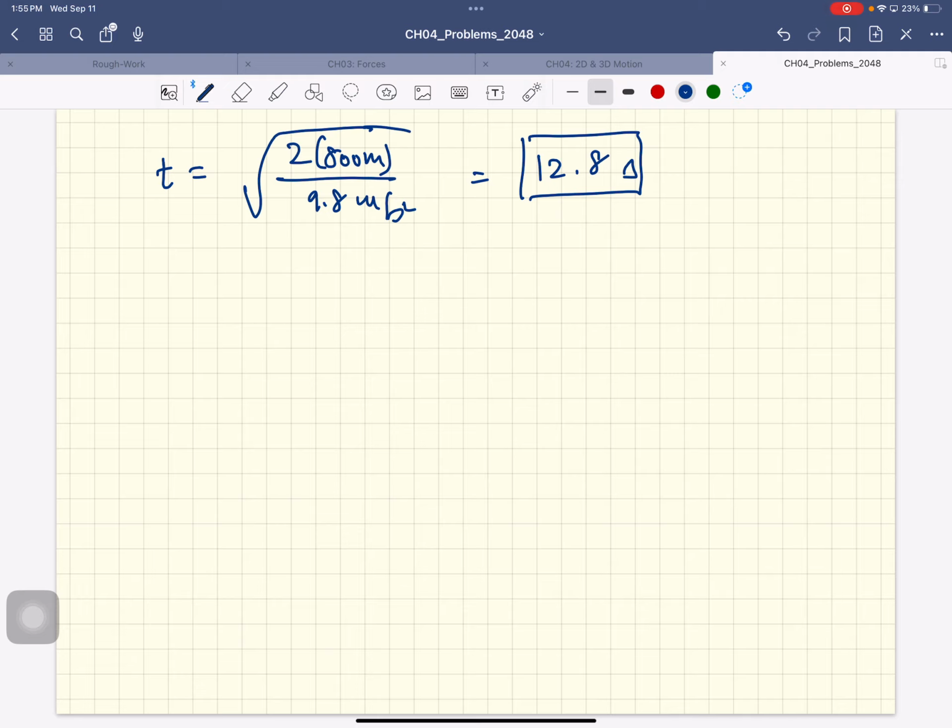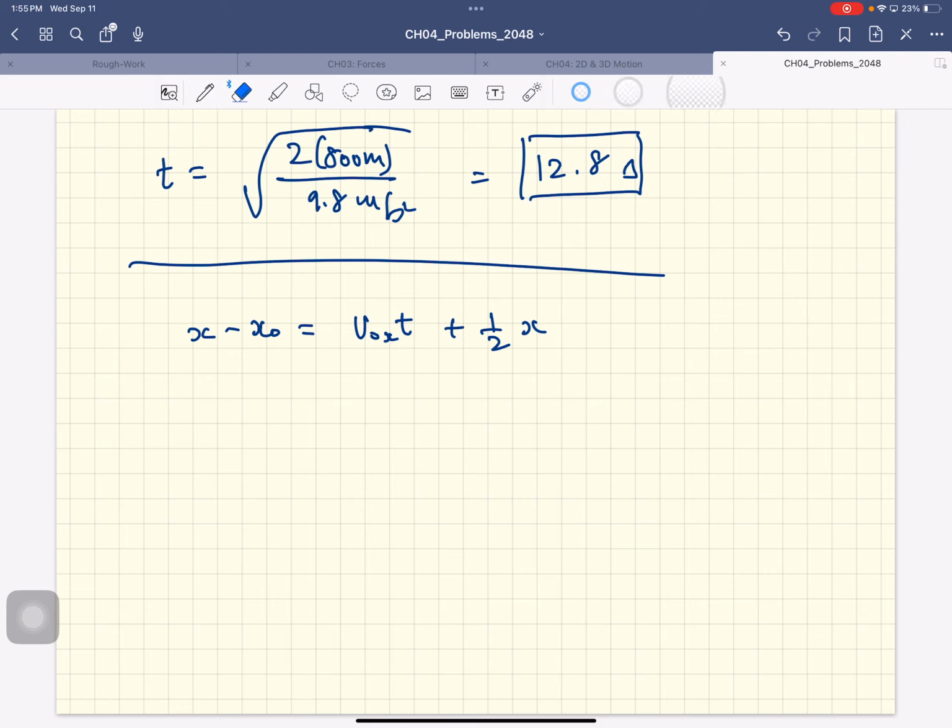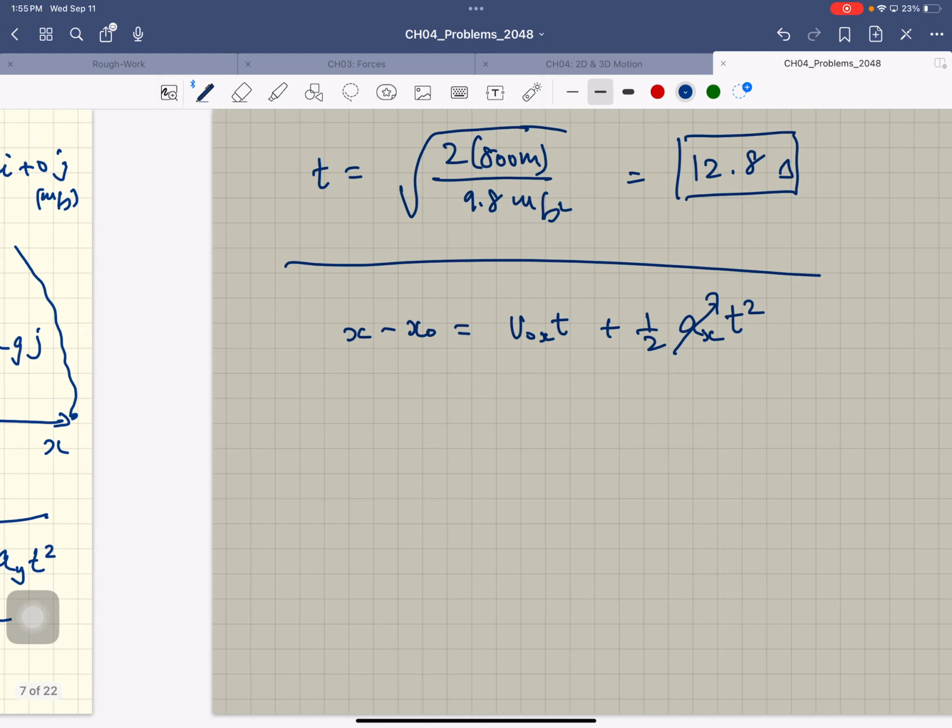Yep. Now we want to calculate the horizontal distance. Okay, so the x component of the acceleration is 0.